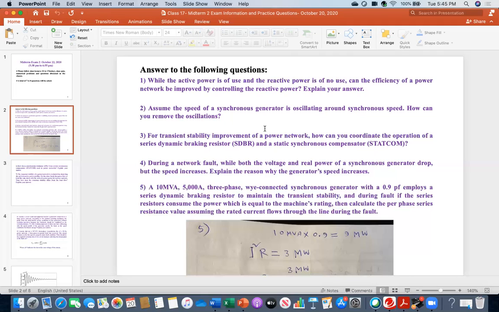But for a synchronous motor, damper winding is used to initially start the motor. A synchronous motor is not self-starting due to its inertia. To get it running initially, you need some starting torque, and damper winding gives that torque. So damper winding in a synchronous machine has two roles: for a synchronous generator it eliminates hunting, and for a synchronous motor it provides starting torque.